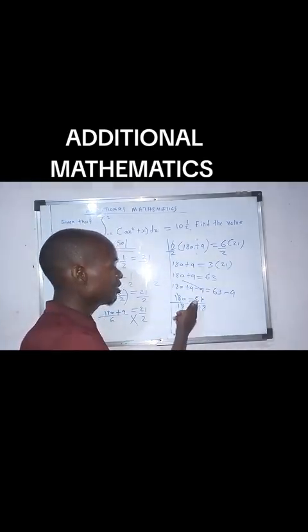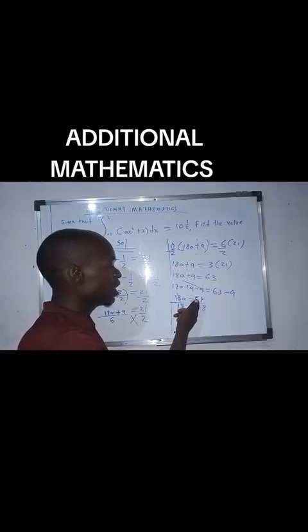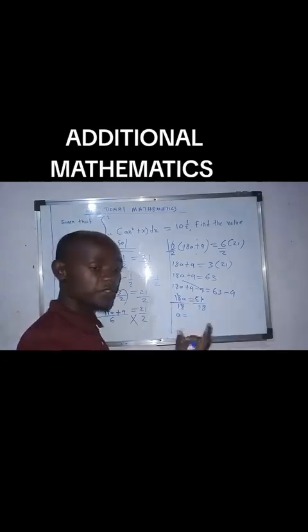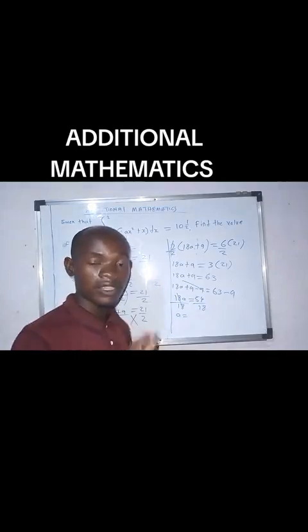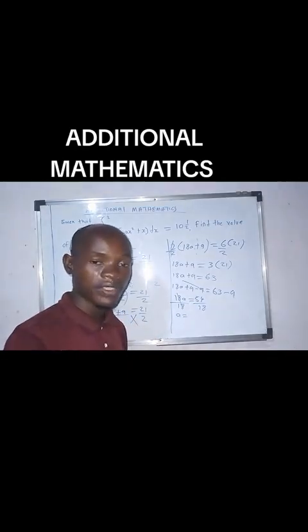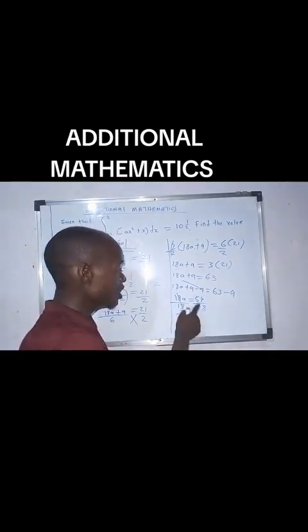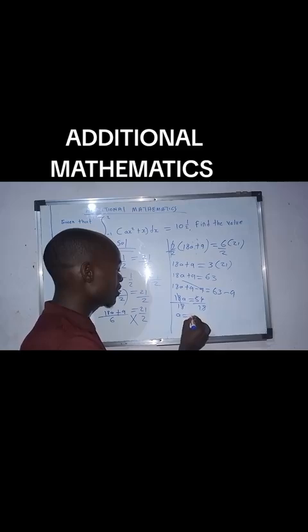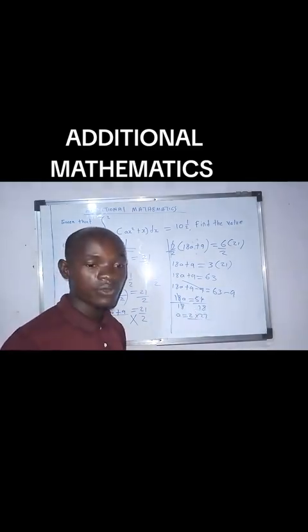Now I know that half of 54 is 27. Since 27 plus 27 is 54, this 54 can be written as 2 times 27. Then again, what is half of 18? Half of 18 is 9.